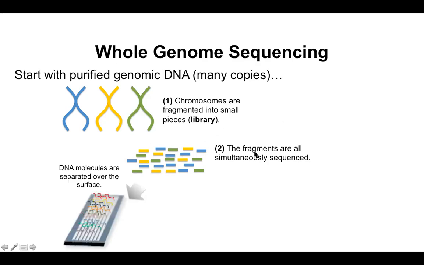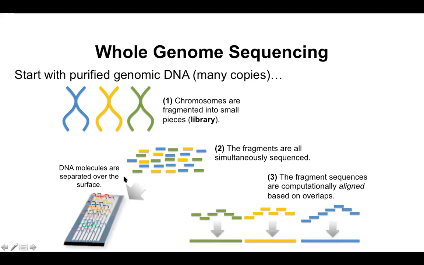Okay, and then what they do is they put those DNA molecules over some sort of surface, usually some sort of microchip, but it can be like a thin gel, and they're going to separate those DNA molecules on a surface, and then they're going to sequence them from there, and a computer will align them.